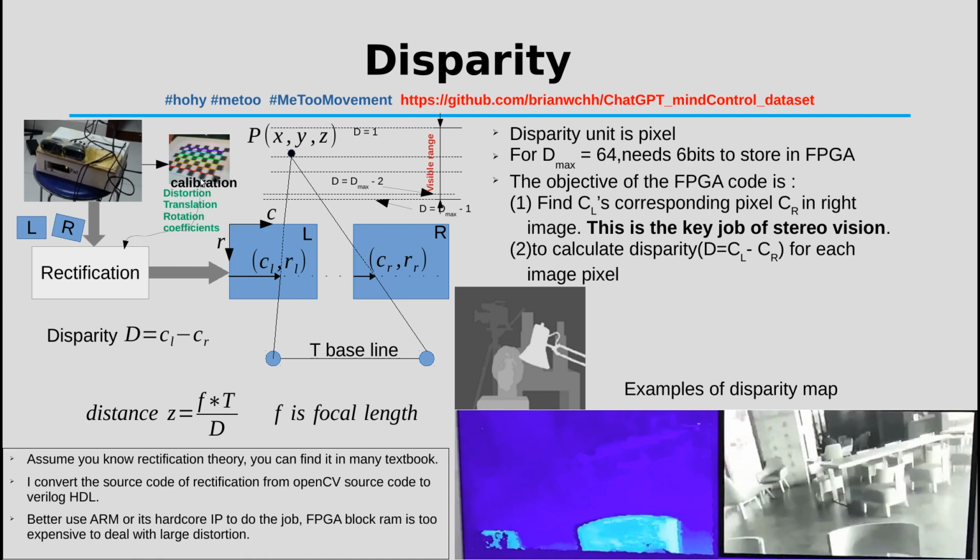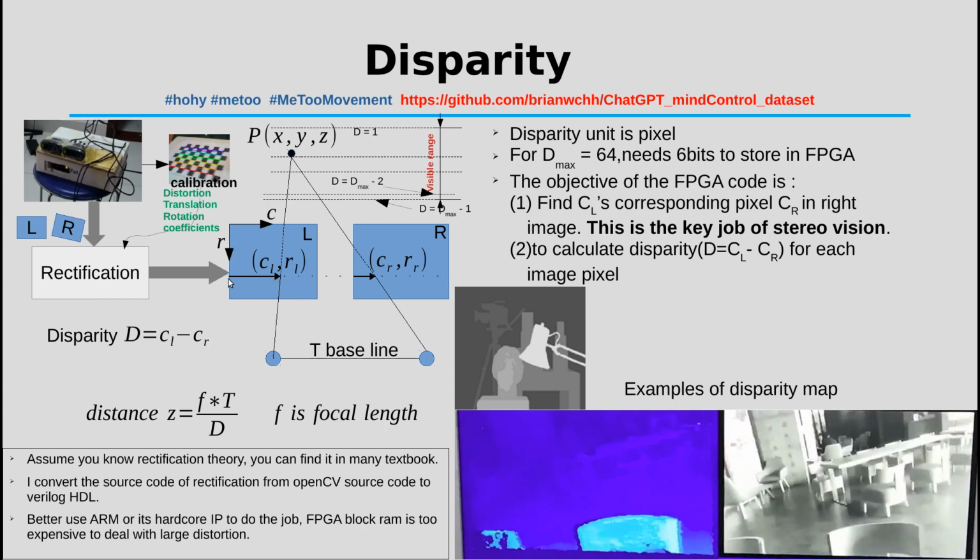The purpose of the calibration is to get the distortion, translation, rotation, and many other parameters. Then we can feed them into the rectification module and rectify the image. The purpose of rectification is to put the epipolar lines on the same horizontal line.